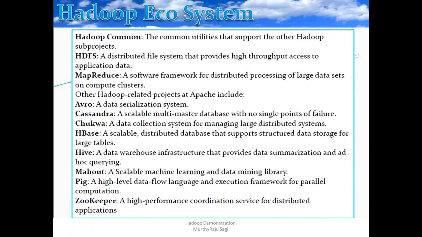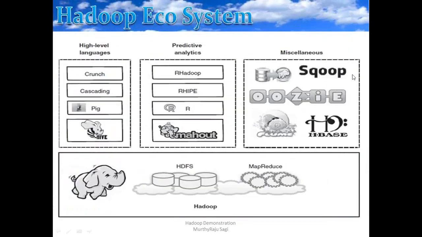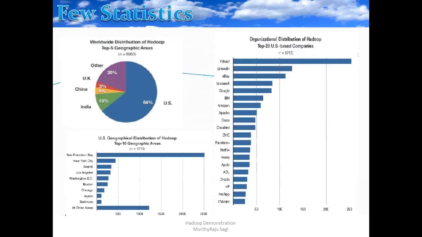Apache already closed Mahout because it failed, and now they are coming with some new ecosystems in its place. Similarly, we cover Sqoop, Oozie, Flume, HBase, Pig, Hive, all these things. These are some of the companies in the US who are using Hadoop, with different distributions and everything.